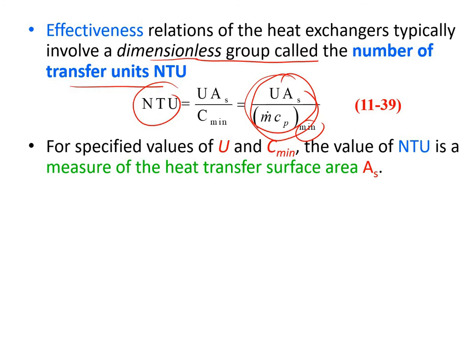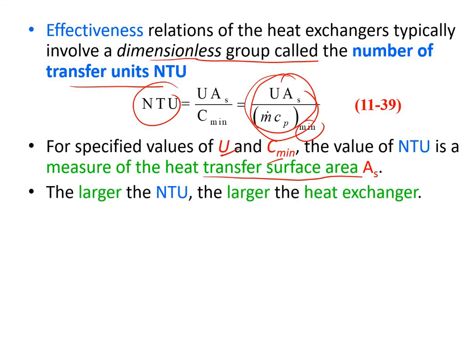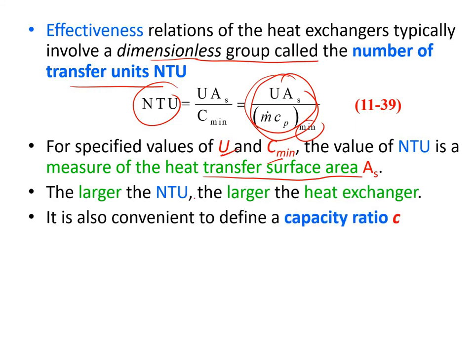For specified values of U and C min, the value of NTU is a measure of the heat transfer surface area. For your information, the larger the NTU, the larger the size of the heat exchanger.